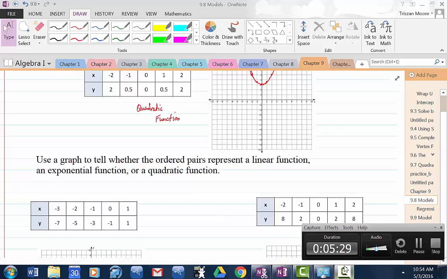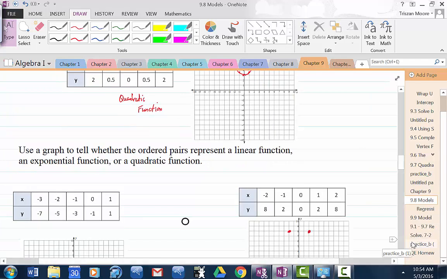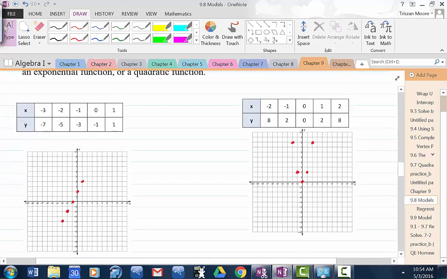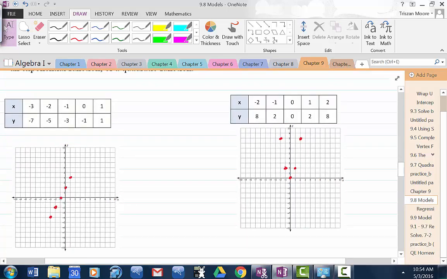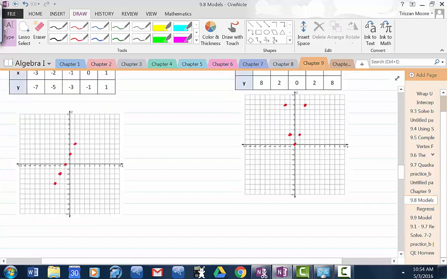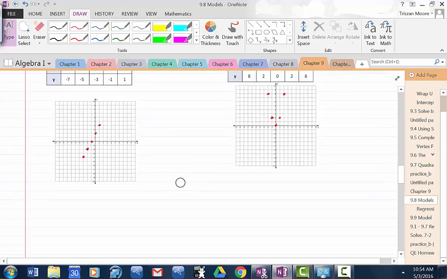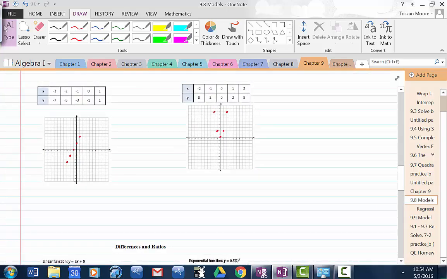You can pause the video and see what you get. Now, if you paused the video, you would have seen that the one on the left represents a linear function. The one on the right represents a quadratic function. So you have examples for each one of them so you can see.